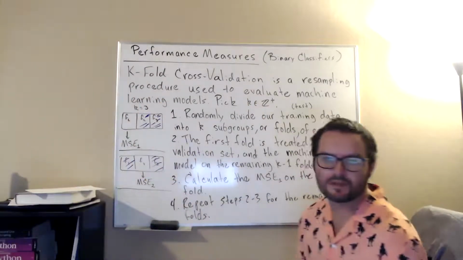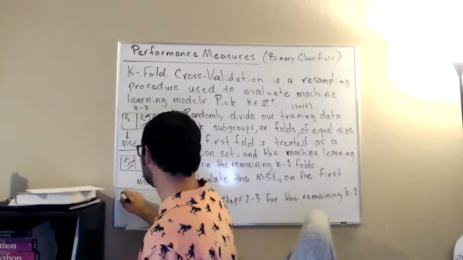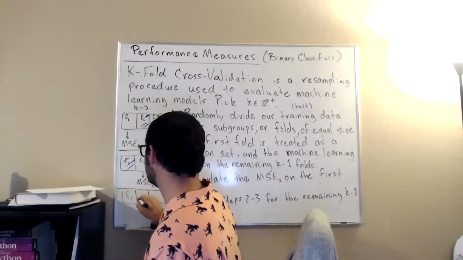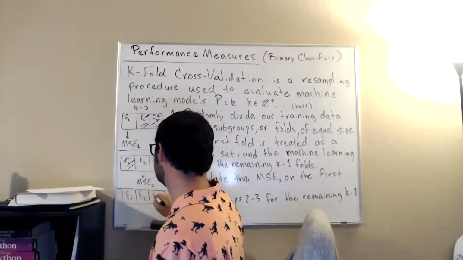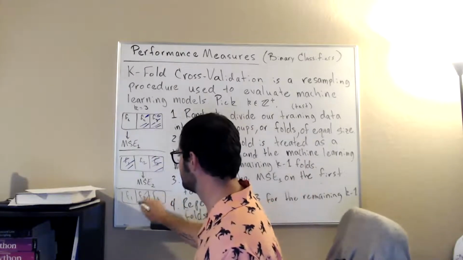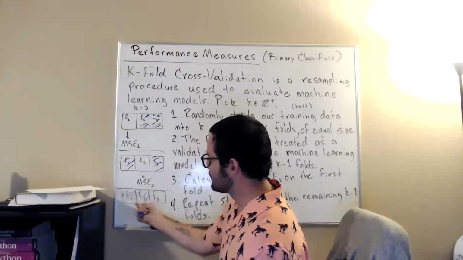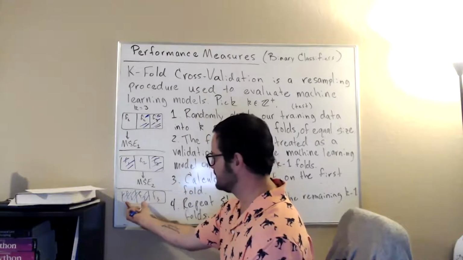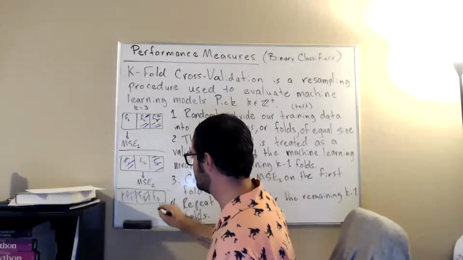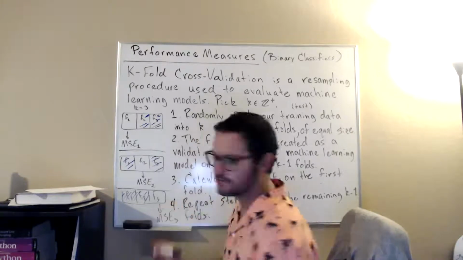And then finally, we would exclude fold 3, train our model on folds 1 and 2, and then calculate the mean squared error on the final fold 3. Mean squared error 3.